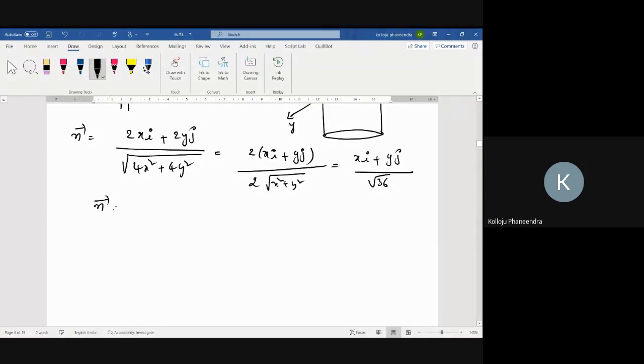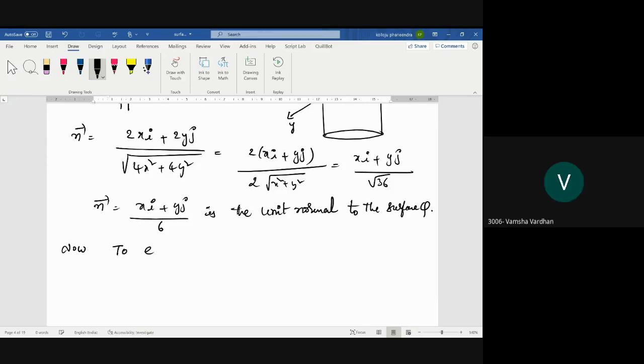So unit normal is x i plus y j by 6, the unit normal to the surface phi. Now, 2 gets cancelled, no? Yes.